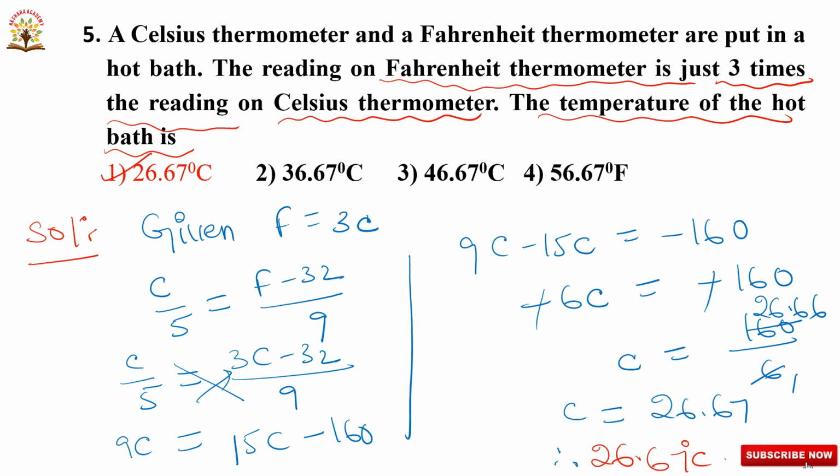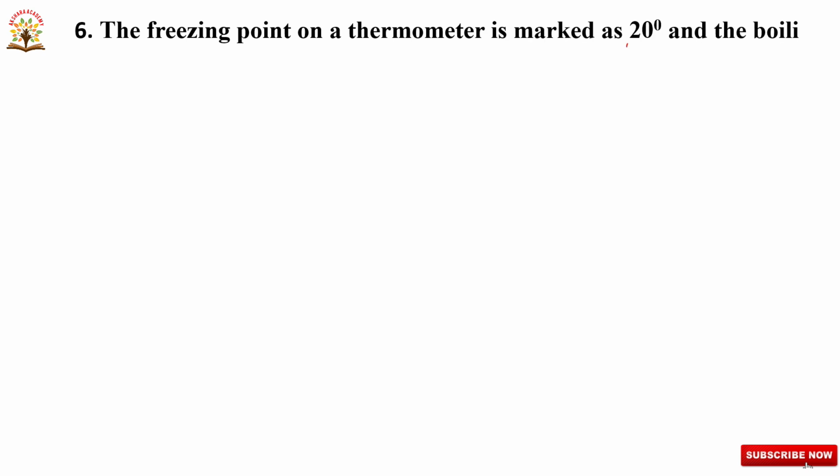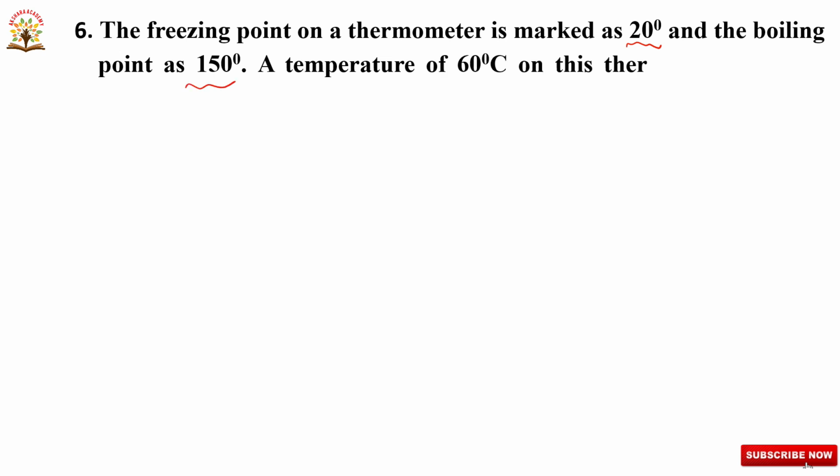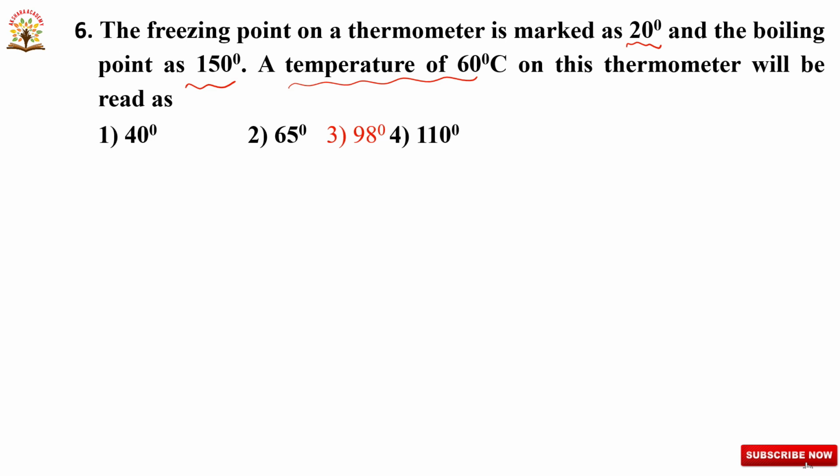Okay. Next we will go to the next question. Sixth one, the freezing point on a thermometer is marked as 20 degrees and the boiling point is 150 degrees. A temperature of 60 degrees on this thermometer will be read as? Let us go to the solution.